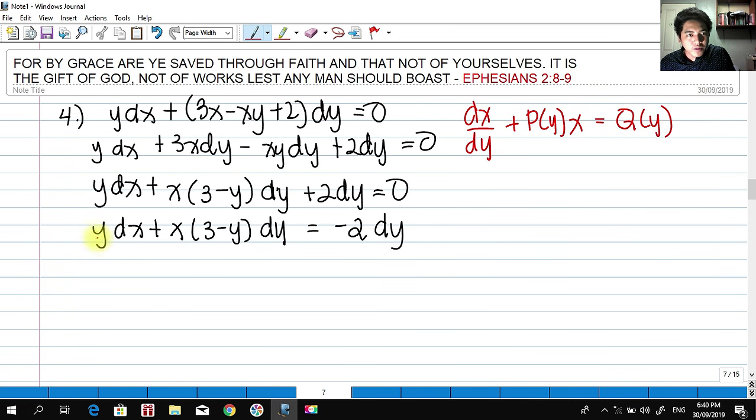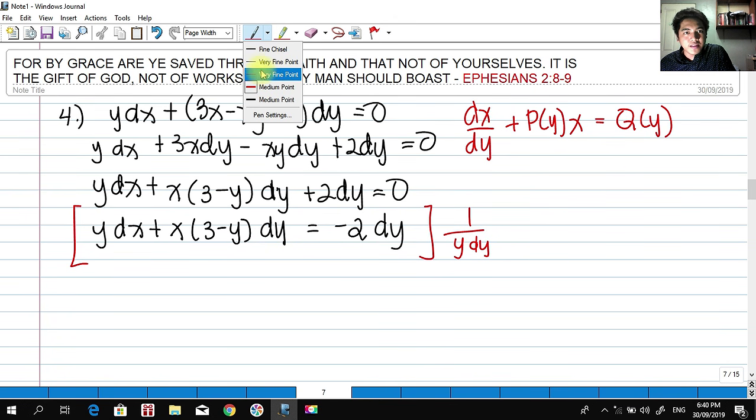So if I'm going to multiply both sides of the equation such that I'm going to eliminate y here and have dy here, I'm going to multiply by 1 over y and by dy, so as to cancel the dy's here.